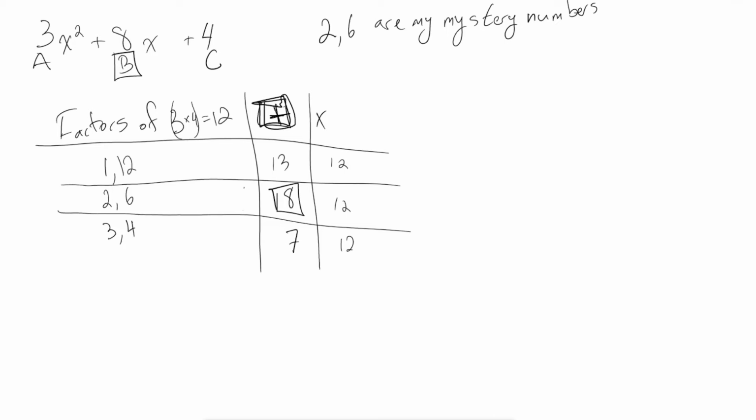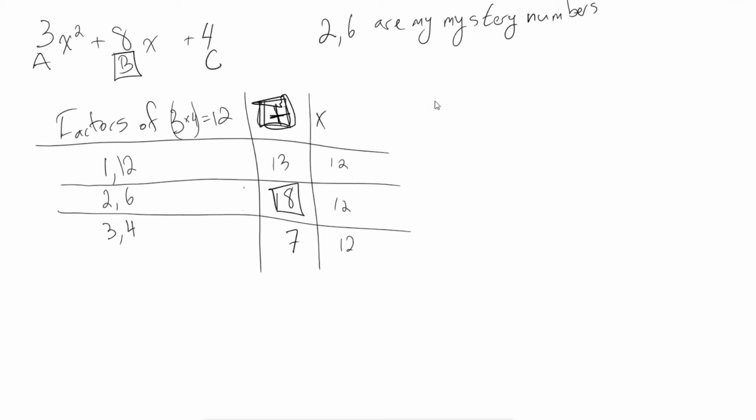What I mean by that is that I have to actually rewrite my original equation with my 2 and my 6 replacing my 8. So this is how I'm going to do it.